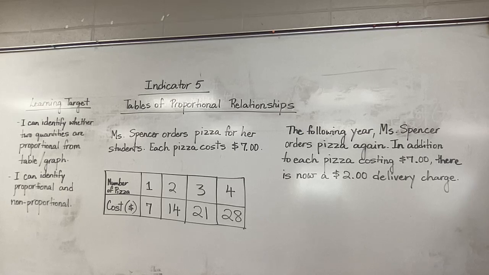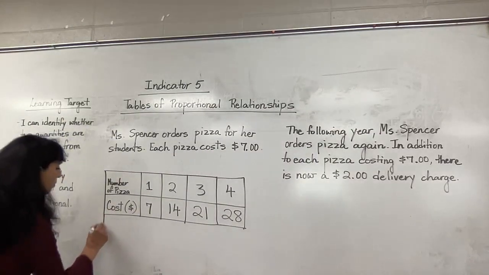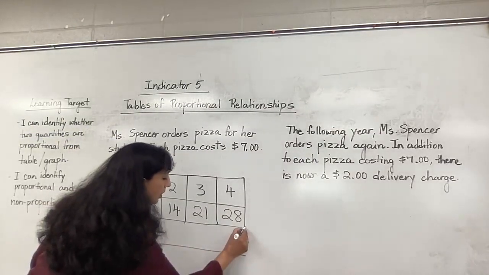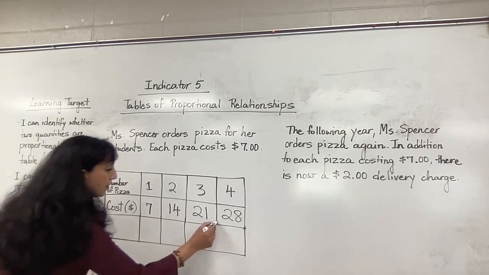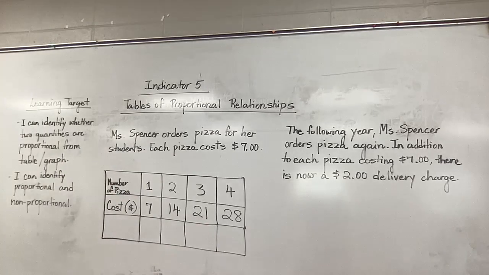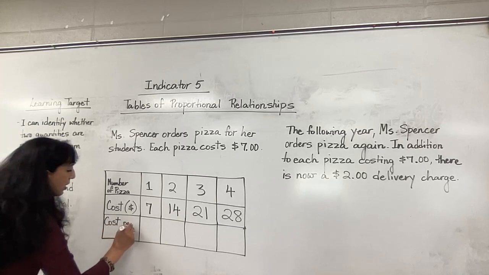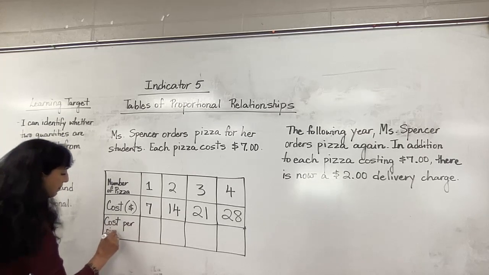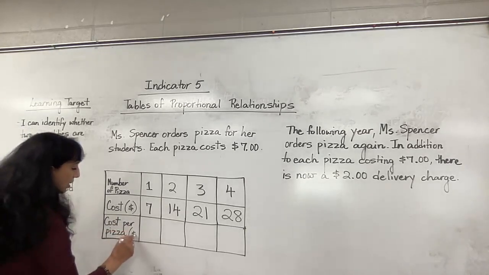And when I write the unit rate, I can see whether all the unit rates are the same or not. So let me put another row here, and I am going to write cost per pizza, in dollars, since this is a money amount.